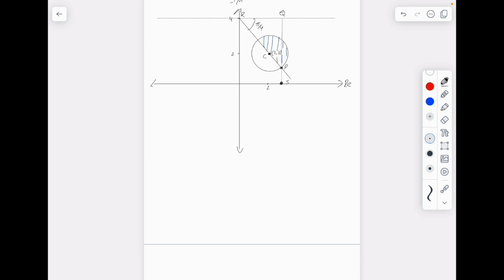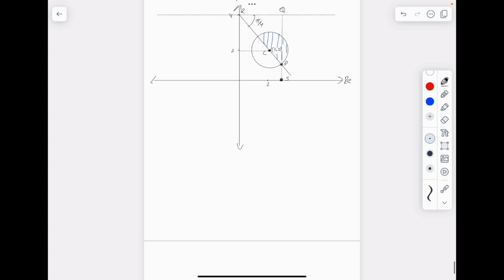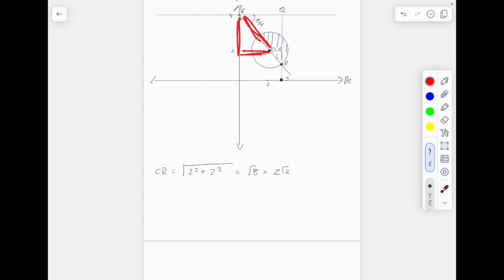If I grab this quick, draw a line here, what we can say is CR is going to equal the square root of 2 squared plus 2 squared, which equals root 8, which equals 2 root 2. Okay, CR over here. Why? Because we've done this squared plus this squared is equal to this. Cool. That's the first part.